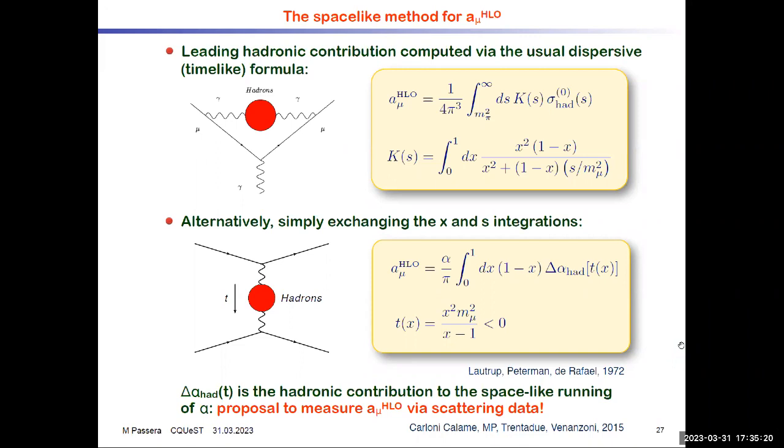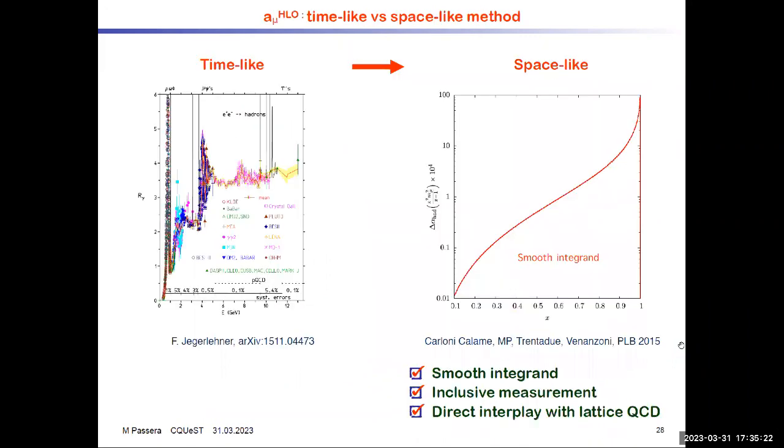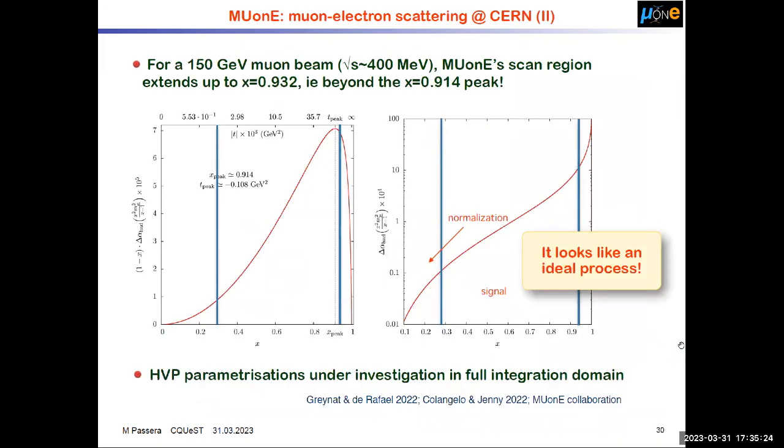Integral from 0 to 1. Here it is: the integrand is 1 minus x times delta alpha. The red curve is the integrand, so the area below the red curve is the hadronic contribution, the integral.